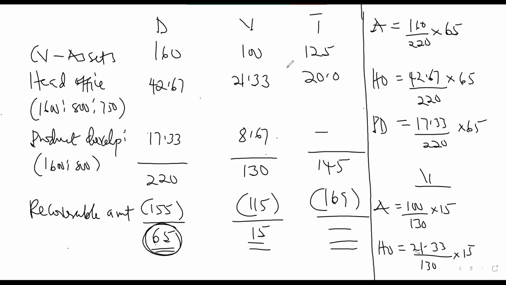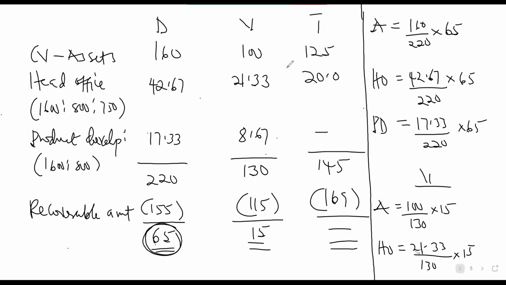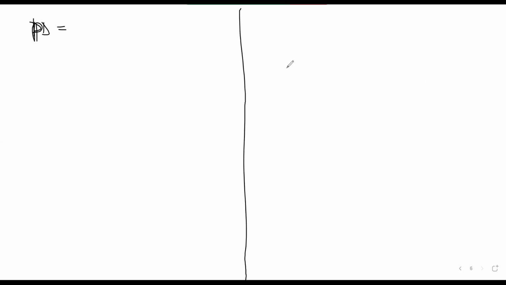The last one, product development, will have 8.67 divided by 130 times 15.